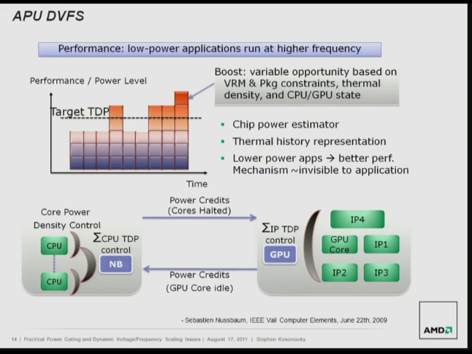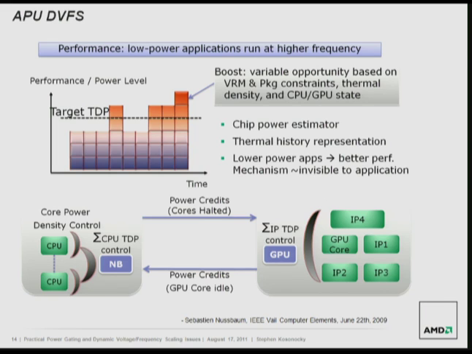So for DVFS, what we're really trying to do is for low power applications run at the higher voltages. So how we do this is we have a chip level power estimator, and that estimator is used to generate a thermal history representation of the chip.